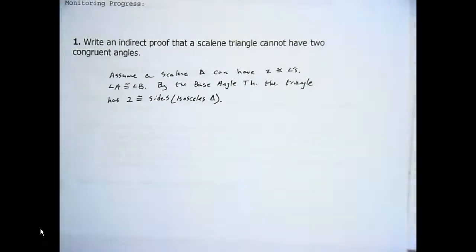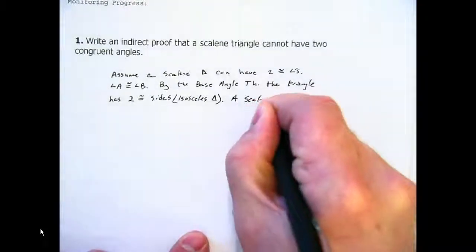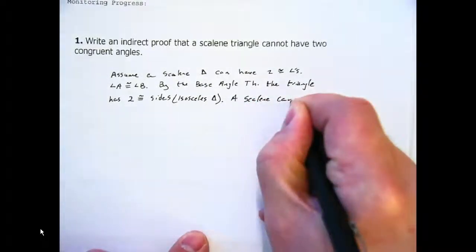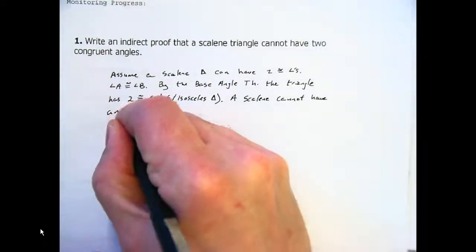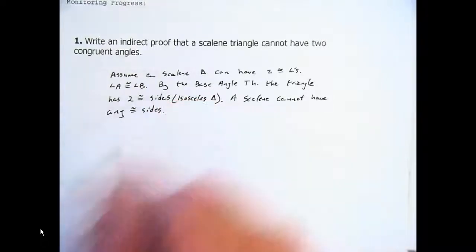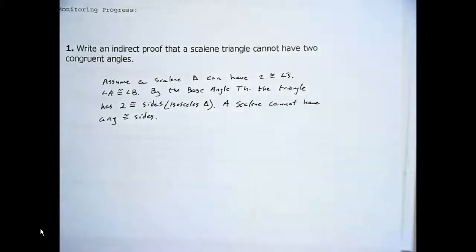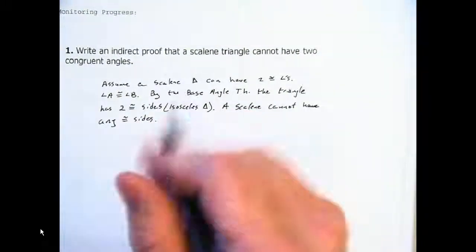Okay? A scalene triangle, what's the definition of a scalene triangle? Good. A scalene triangle cannot have any congruent sides. Which proves that in a scalene triangle, this proves that a scalene triangle cannot have two congruent angles.